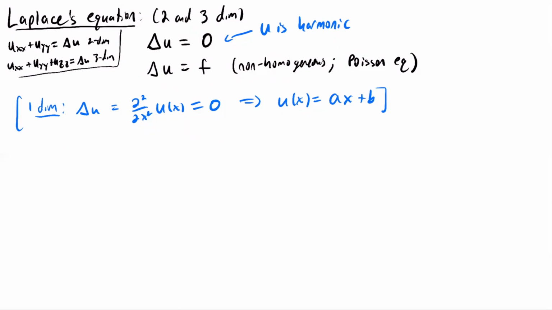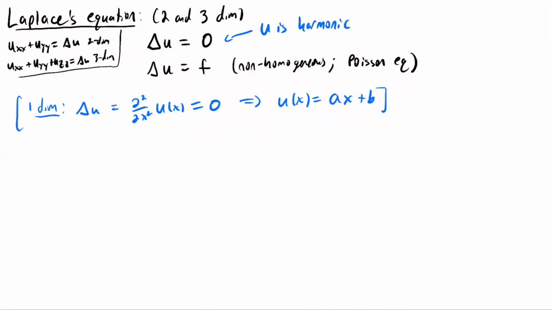We'll be looking at both the homogeneous version, where the Laplacian of u is equal to 0, and the non-homogeneous version, where the Laplacian of u is equal to some given function f. In the non-homogeneous case, this is often called the Poisson equation, or you can refer to it as non-homogeneous Laplace's equation.